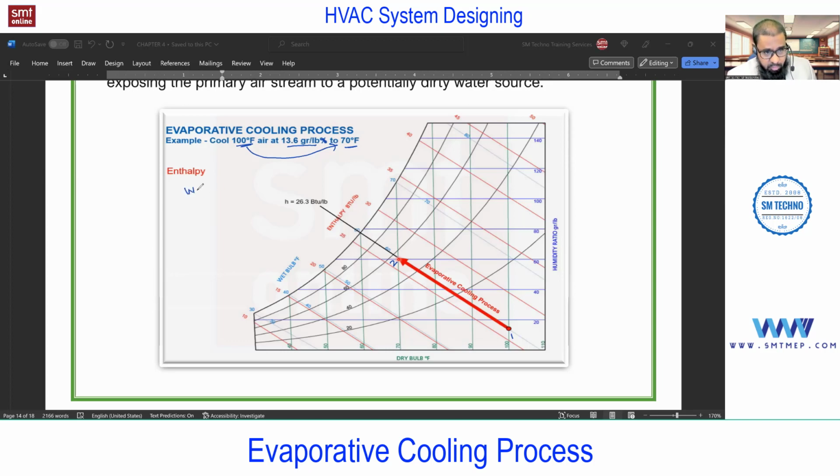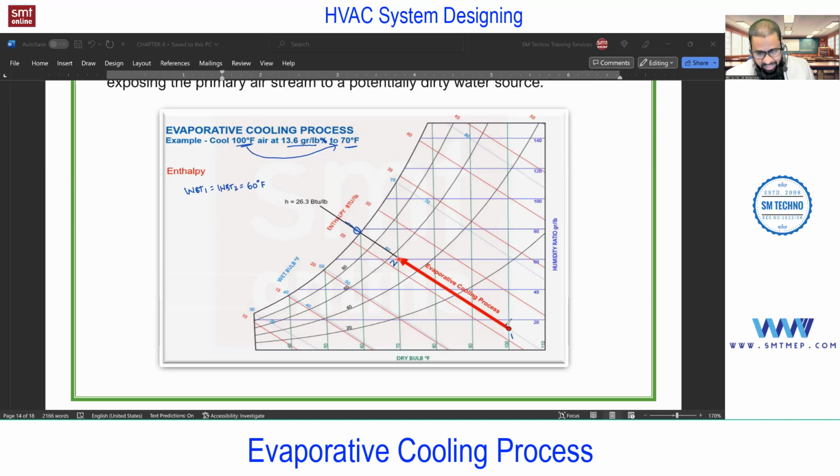So I'm writing this: WBT1 equal to WBT2. Equal to what? You see, these are the wet bulb lines now. You can see it's 60. You see, this is the same. So wet bulb temperature we are not increasing. Our requirement is to decrease the dry bulb temperature.